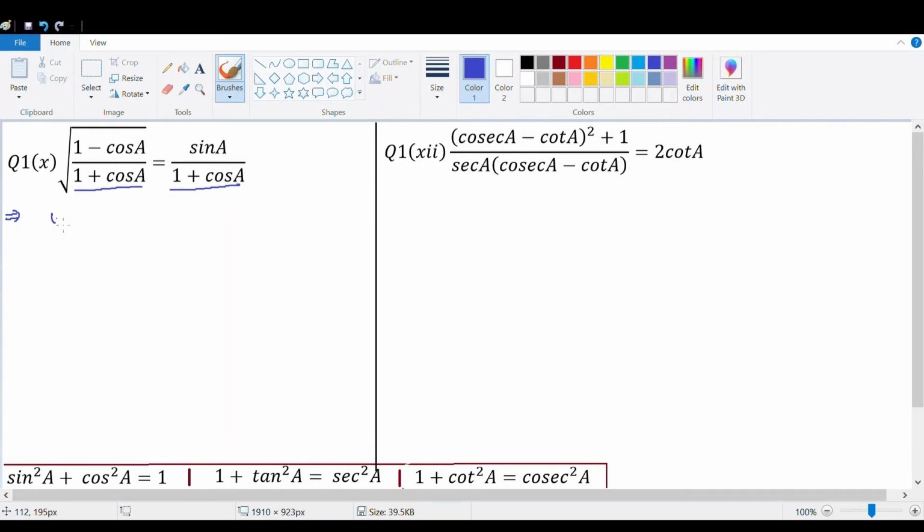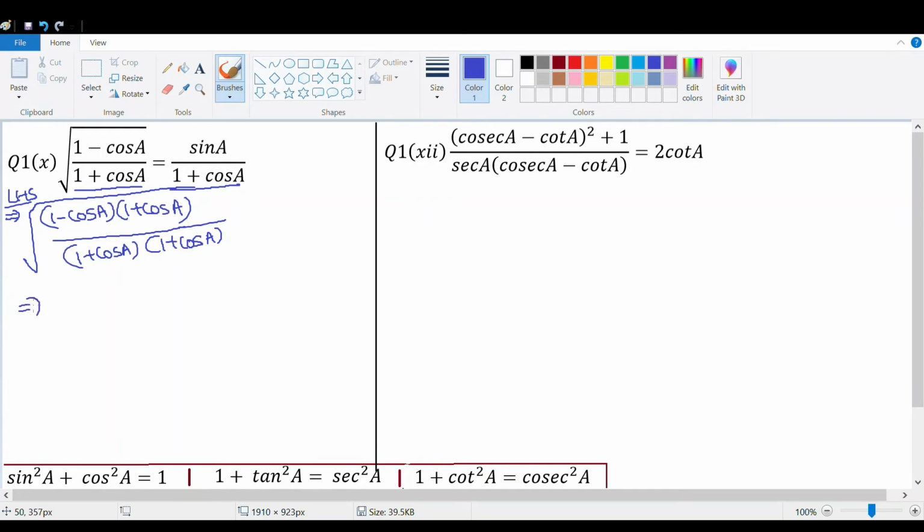So this would be 1 minus cos A times 1 plus cos A. Again, I am starting with the left hand side, right? And in the denominator I would have 1 plus cos A times 1 plus cos A. Everything is in the square root sign.